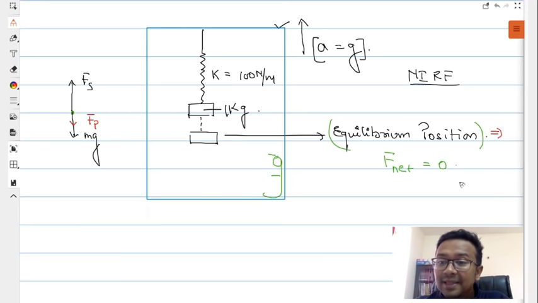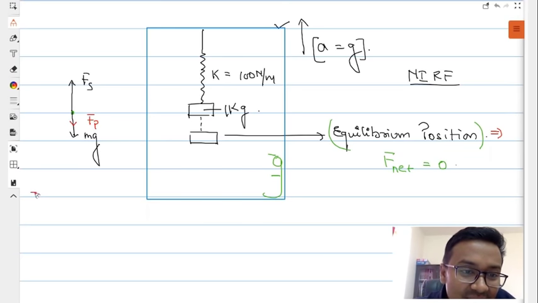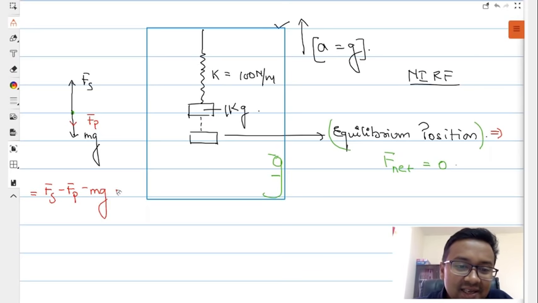Equilibrium means F net is equal to 0, students. So here I can see F spring minus F pseudo minus mg is equal to 0. What is my spring force here? Let's say the extension is x naught.